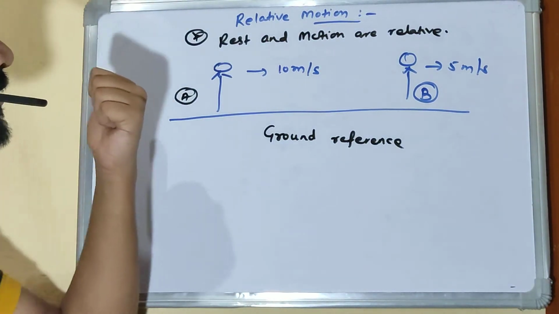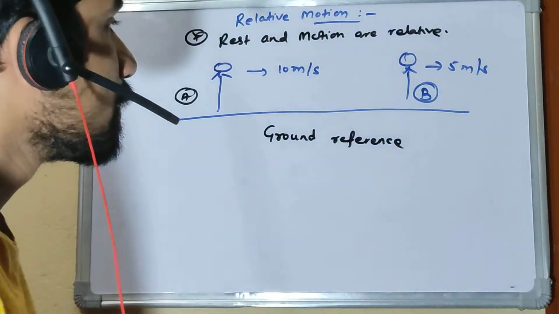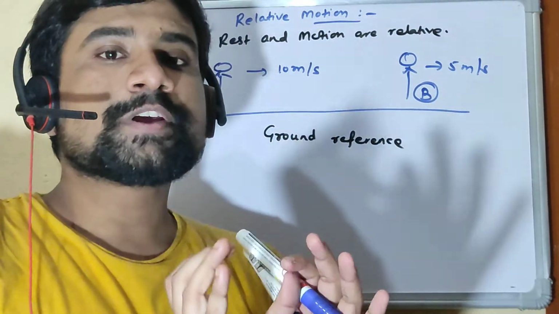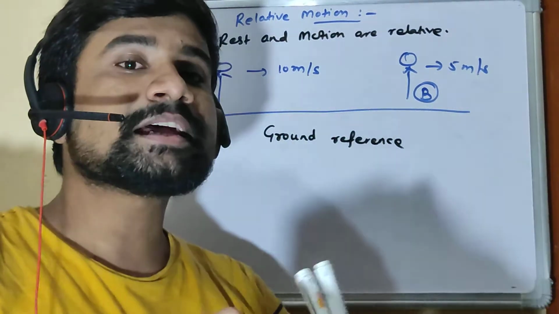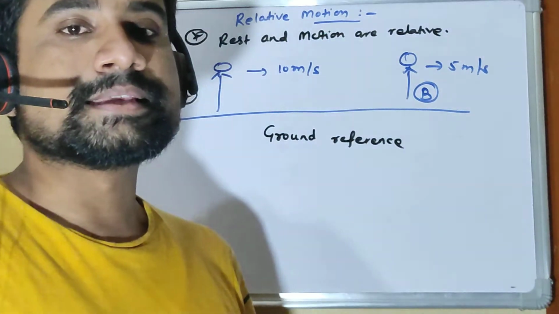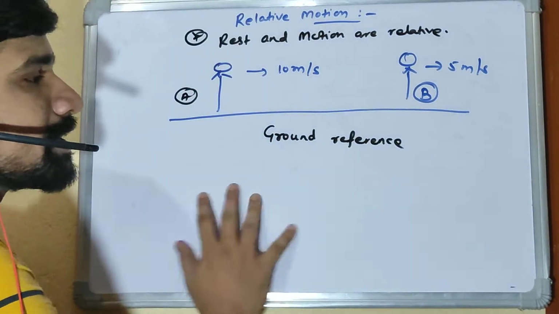But if we need to find the velocity of person A with respect to person B, we need to do something more. If frames are stationary, or the frame is at rest, I'll be able to calculate my parameters very easily, because I already know quantities for the ground reference.